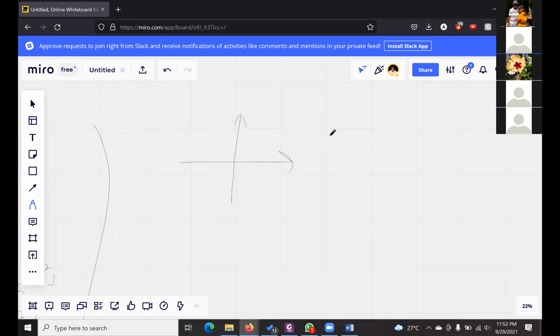125 degrees from the positive x would be... Agree or disagree? 125. Yeah.